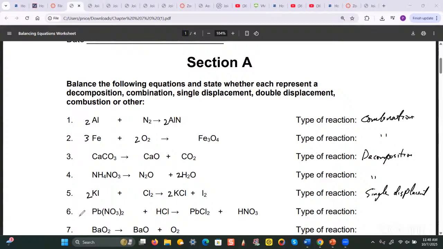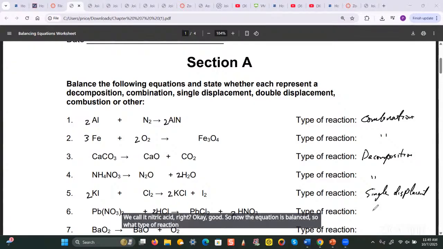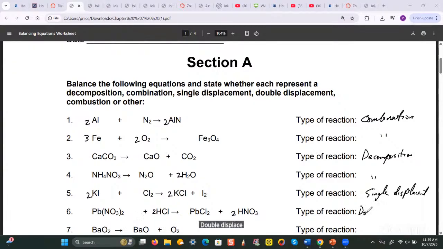Okay, 2 here, and then what else? You're going to need another 2 in front of the hydrogen nitrate on the far right. We call it nitric acid, right? Nitric acid. Good, so now the equation is balanced, so what type of reaction would you say this is? Double displacement, very good.